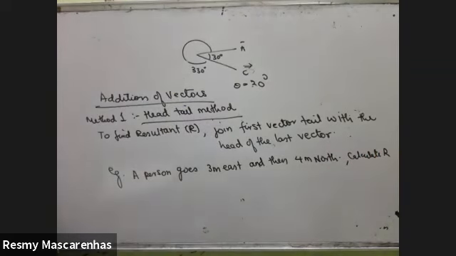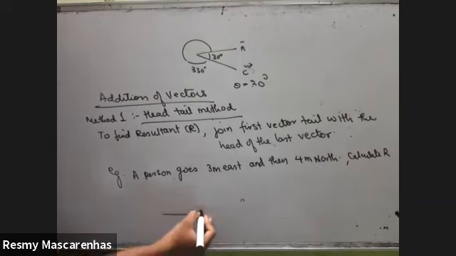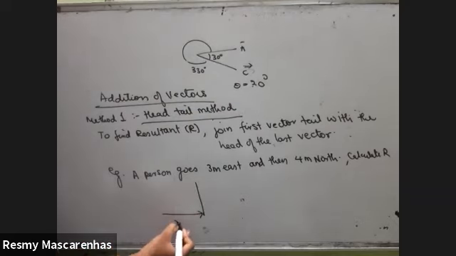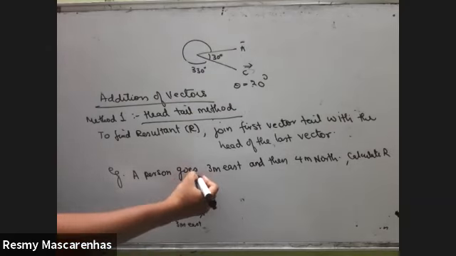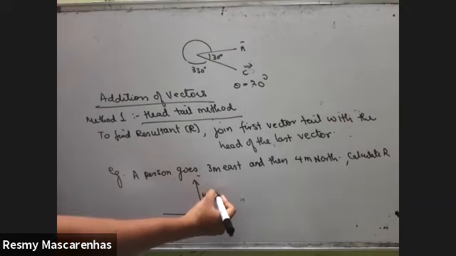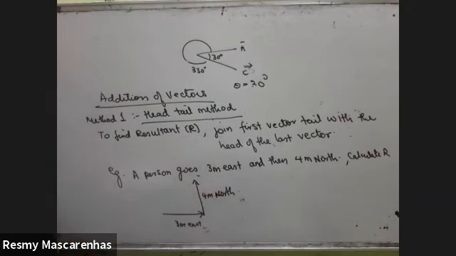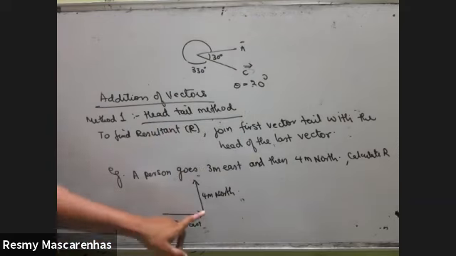Means the shortest distance between the first and the last. It's like a displacement. Distance would be normal 7 meters. He is going 3 meters east and then he is going 4 meters north. Distance covered is definitely how much he has walked. He has walked 7 meters.